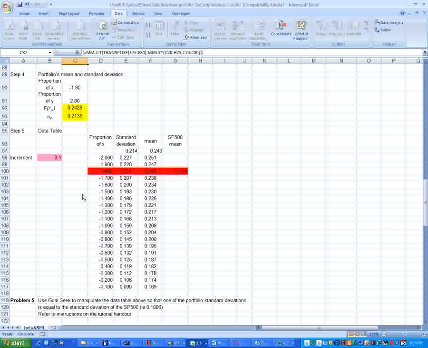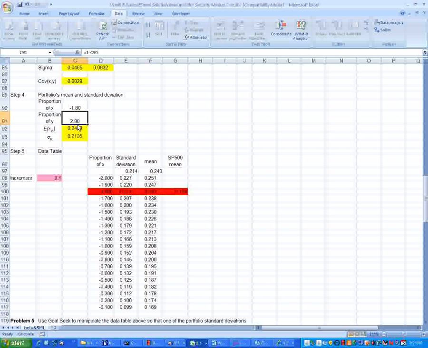In Step 4, we combine using cell D100 as the proportion of X in the portfolio, and 1 minus that cell as the proportion of Y. And we use a data table, which you don't have to do, to construct all of this here.